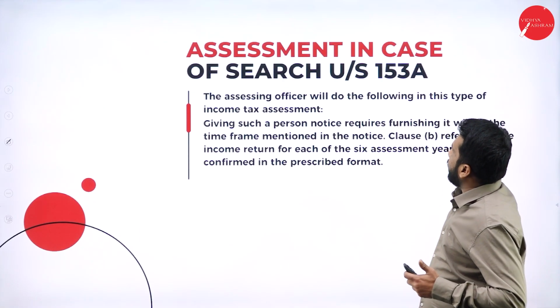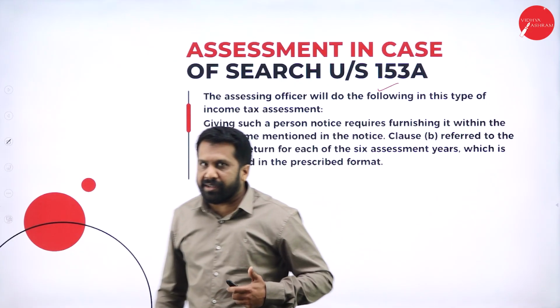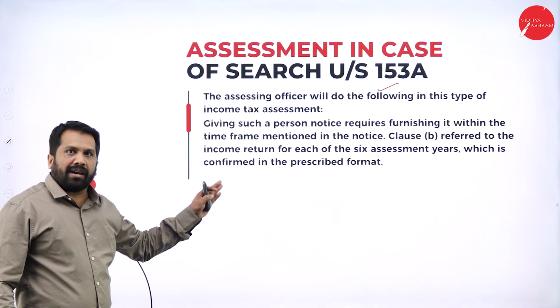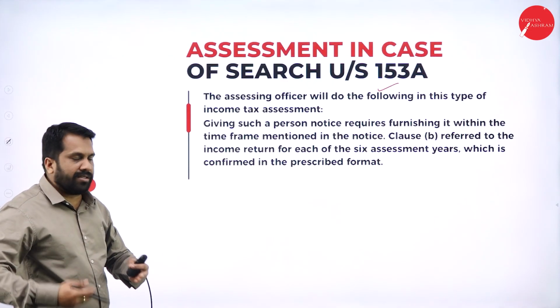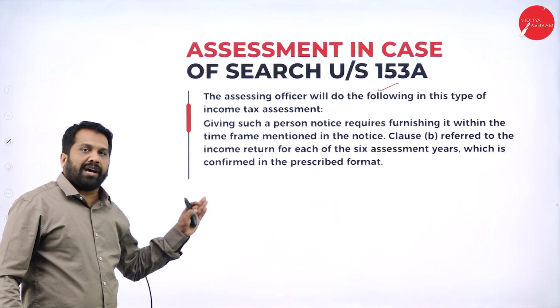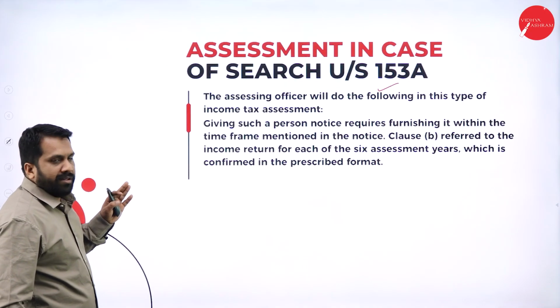Yes. So assessment in case of search or seizure. Now it is very simple. They will come and search for the documents, or they will come and search for your receipts or purchase orders or sales orders. With that, they will check whether you have escaped, whether you have hidden any income. That is called assessment in case of search.